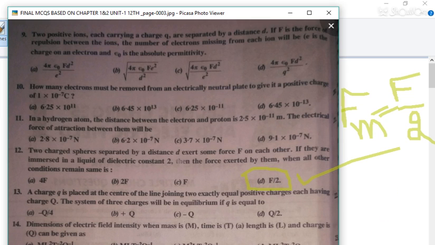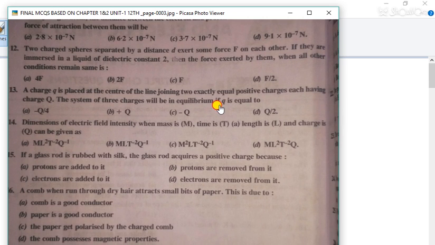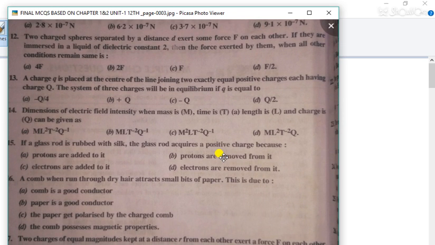Now moving to the next question, question number 13. A charge q is placed at the center of a line joining two exactly equal positive charges having charge Q. The system of three charges will be in equilibrium if q is equal to. So students, it is another question that is very important and you can solve it.